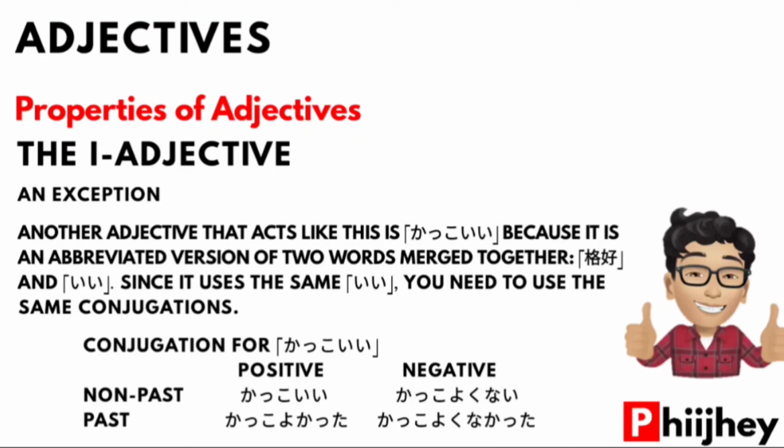Since it uses the same ii, you need to use the same conjugation. So it will become kakkoii for positive present, kakkoyokatta for positive past. Negative present is kakkoyokunai. Negative past is kakkoyokunakatta. That is for negative past.